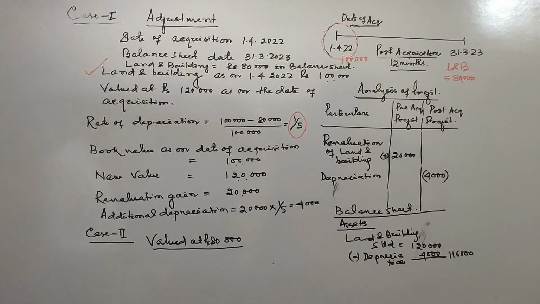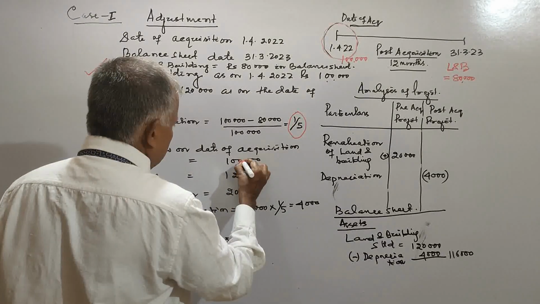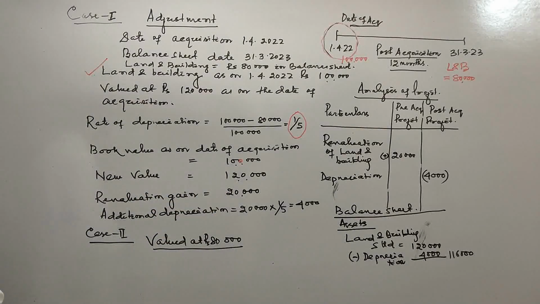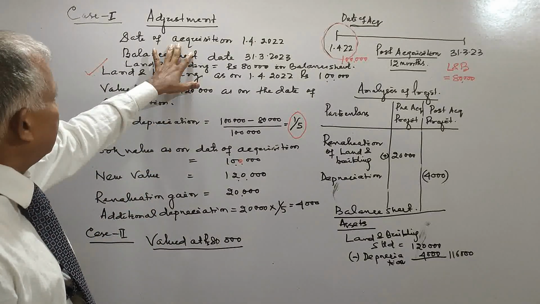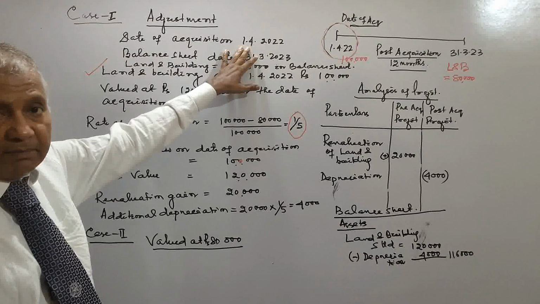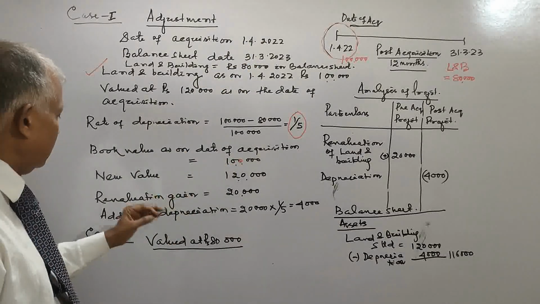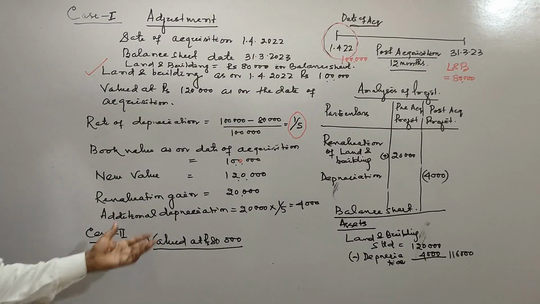Now we shall find out the book value as on the date of acquisition. Here the book value as on the date of acquisition is given, because the date of acquisition is at the beginning of the year. So 1 lakh. New value is what? 1,20,000.